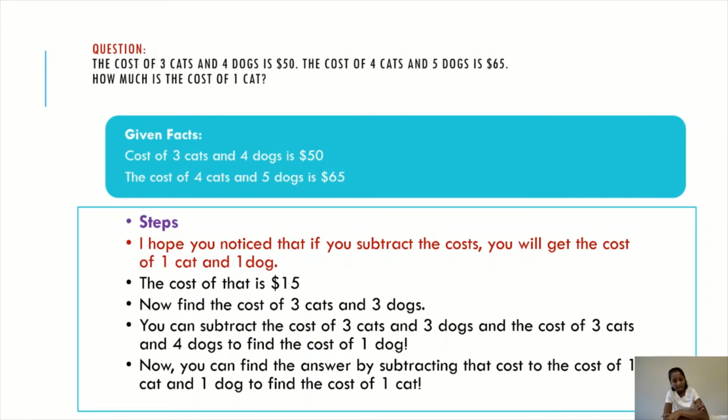Now that we know the cost of 1 dog, all we need to do is subtract that cost, which is $5, from the cost of 1 cat and 1 dog, which is $15. So 15 minus 5. And then we'll get the cost of 1 cat.